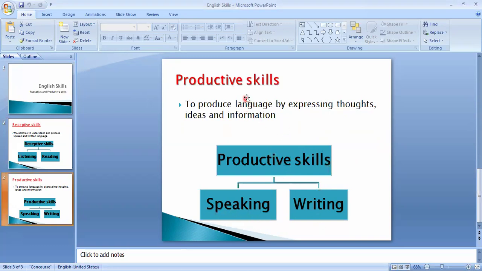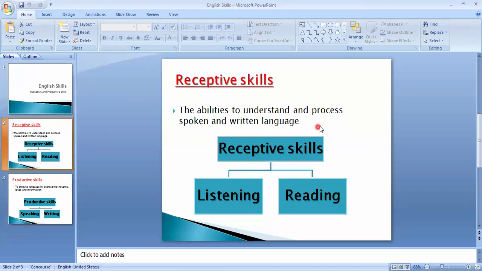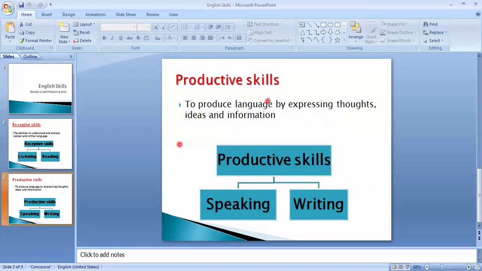So we have two items in English skills: receptive, which understands and processes spoken and written English through listening and reading, and productive, which produces language by expressing thoughts, ideas, and information through speaking and writing.